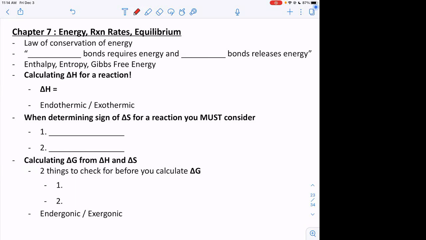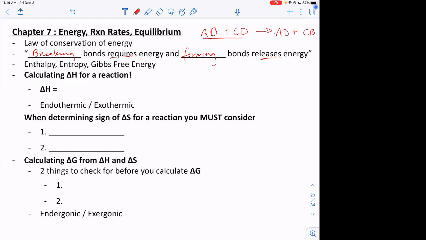So we said breaking bonds requires energy, and you always break bonds on the reactant side. And then forming bonds, which you always do on the product side, releases energy. So any chemical reaction where you have AB plus CD is going to make AD plus CB.